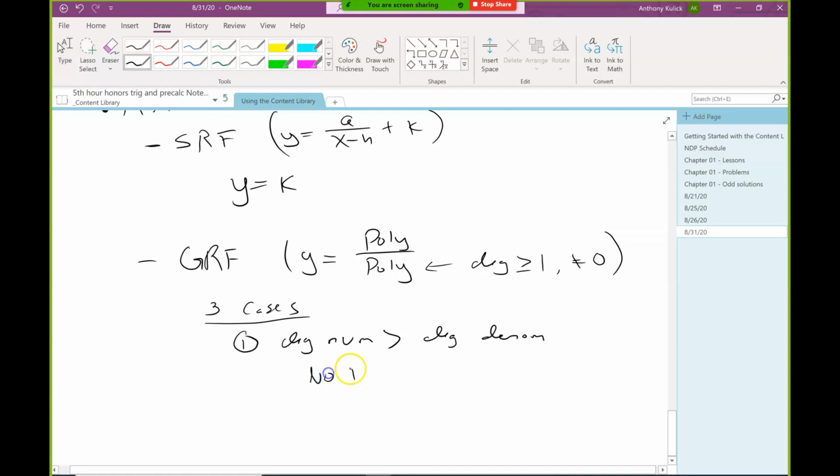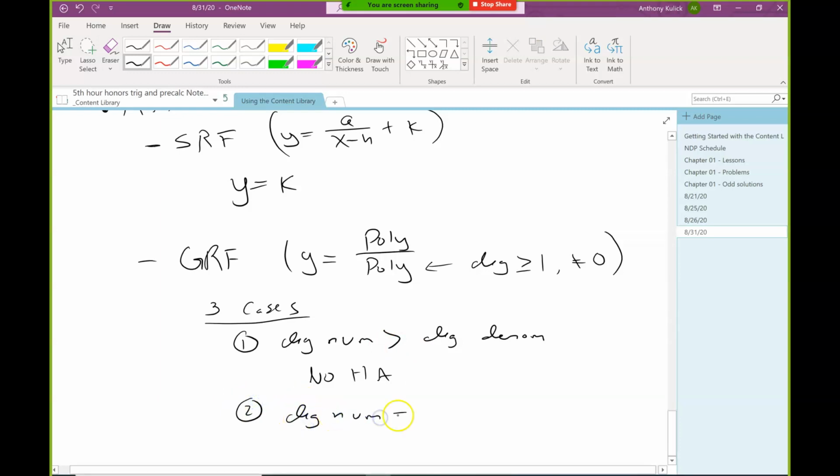In this situation, there's no horizontal asymptote. You might remember that in this situation you have the slant asymptote or the oblique asymptote, where you had to do the polynomial division to get it. But there's no horizontal asymptote in that case.